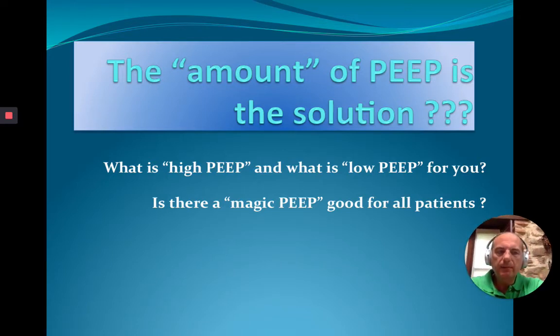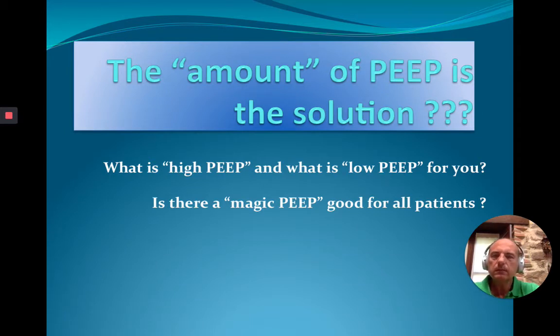And I mean 5. If you ask an adult intensivist if 5 of PEEP is high or low, he says this is not PEEP. This is nothing of PEEP. So this is, in my opinion, the first wrong approach. Please stop following papers saying high PEEP, low PEEP. This concept is totally wrong. And if we start with a wrong concept, it's impossible to get good conclusions.